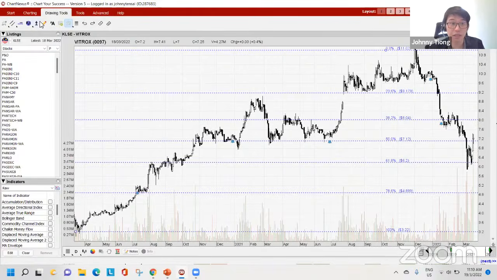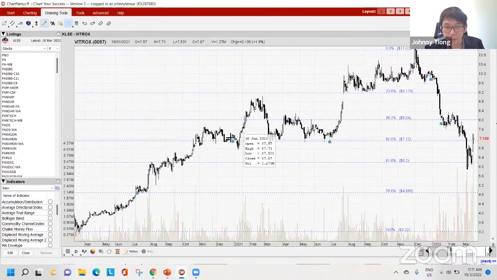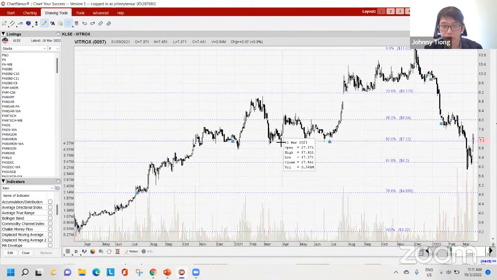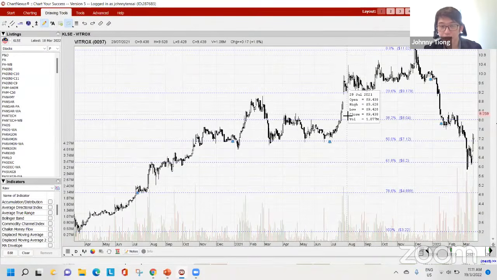Falls to the support, breakout, successful, tries to challenge but not successful, then falls down to the support, tries to challenge, not successful, support, and then here breakout, successful. You can see the volume here, breakout until this point, not successful, then fall down.